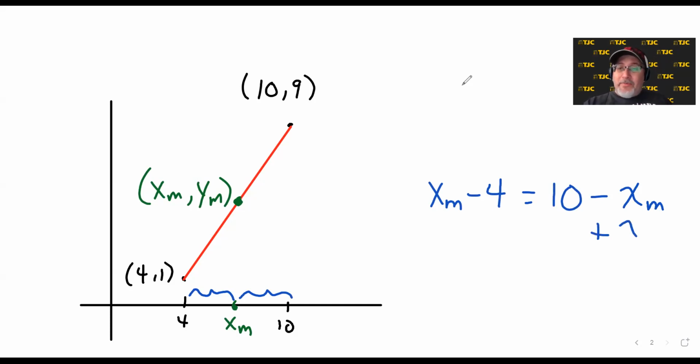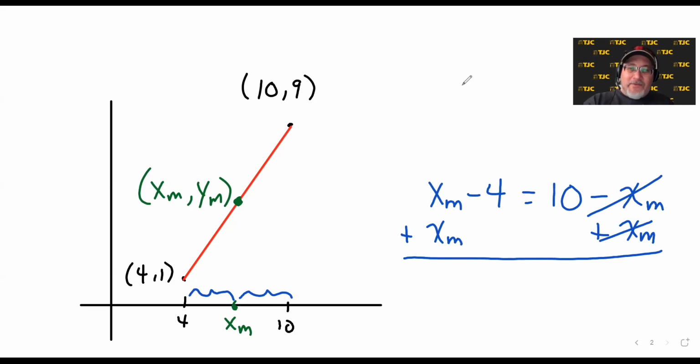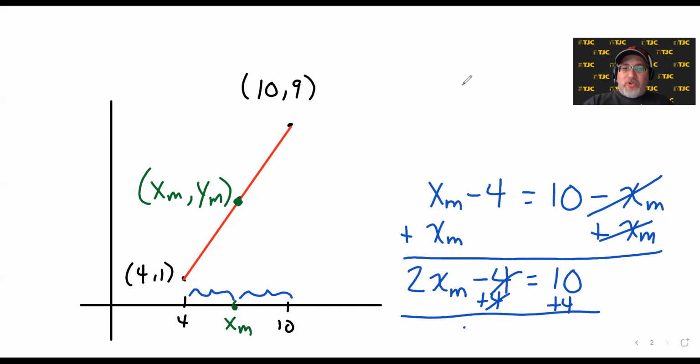We could add xM to both sides because we have them on both sides and we don't want that. That would cancel the xM's on the right and leave 2xM on the left. We still have the -4, and we still have equals 10. And now we can just add 4 to both sides to get 2 times xM is equal to 14.